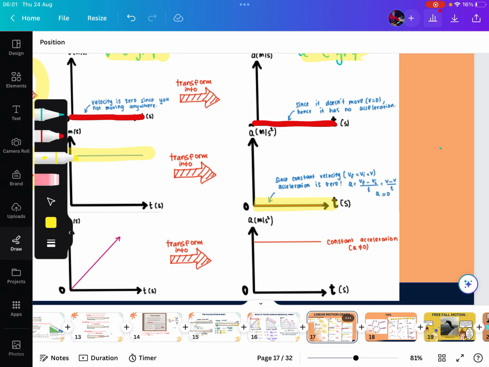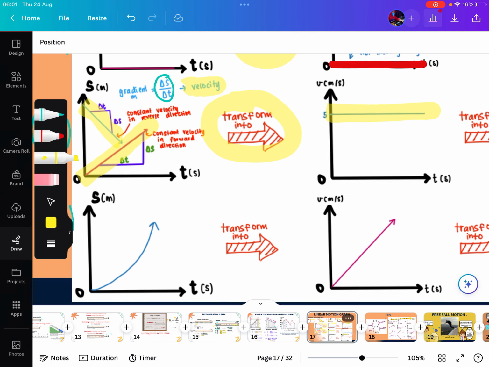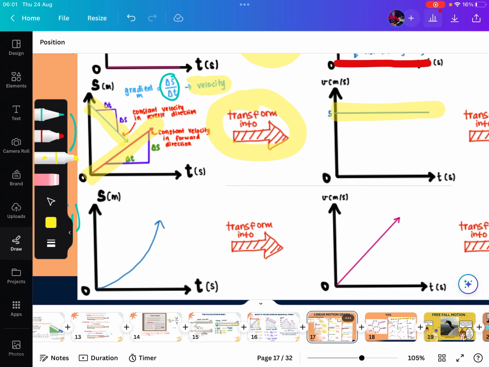The acceleration is 0, because it is constant. Remember, constant velocity has 0 acceleration.